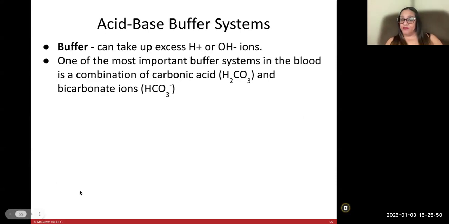Acid-base buffer systems. A buffer can either take up excess hydrogen ions to bring something back to neutral, or can take up excess hydroxide ions if the pH is too high, bringing it back to that 7.35 to 7.45 range. One of the most important buffer systems in the blood is a combination of carbonic acid and bicarbonate ions.